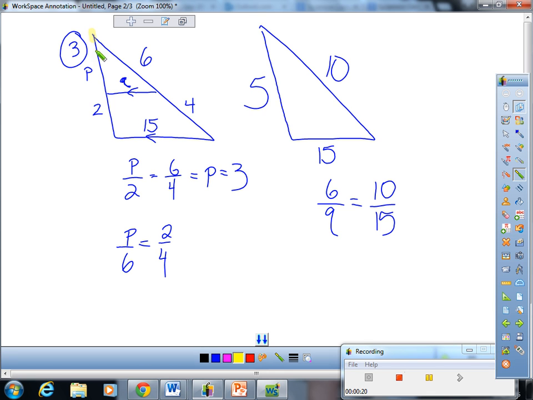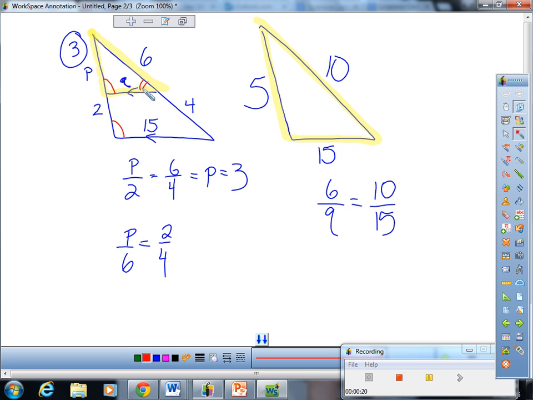This highlighted triangle is the triangle that's similar to this. See, when you're using the Q and the 15, that has nothing to do with the side splitter theorem. Those are the parallel sides. So since those sides are parallel, this angle is congruent to this angle by what? Yep.